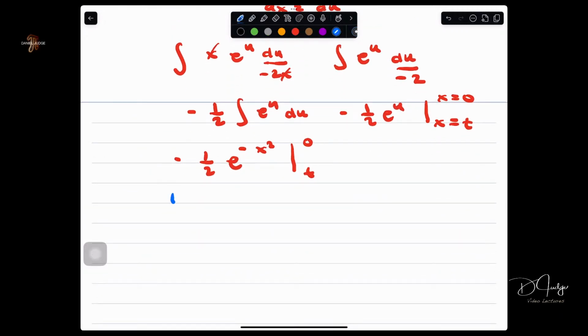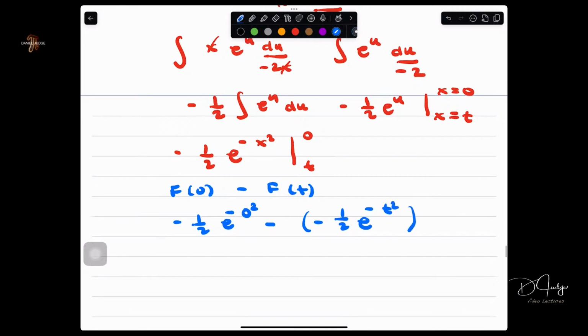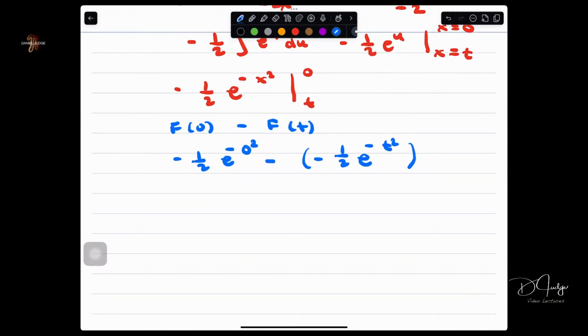So, okay, we integrated this. We need f of 0 minus f of t, which is negative 1/2 e to the minus 0 squared minus a minus 1/2 e to the minus t squared. Which means this first portion is really e to the 0, which is 1.